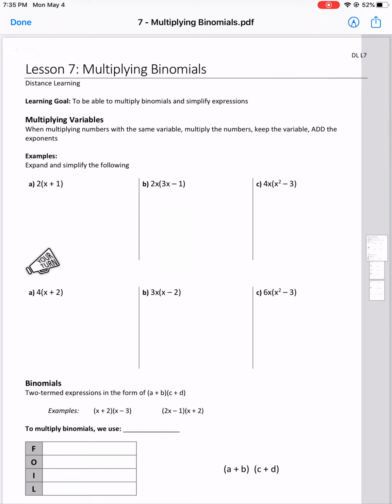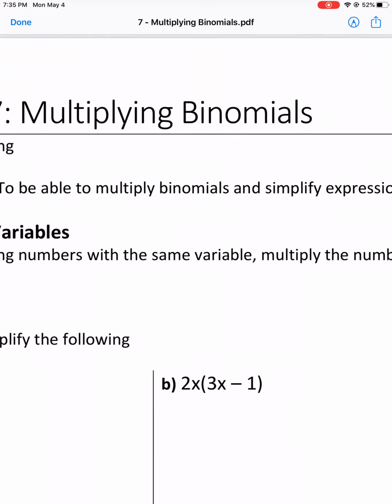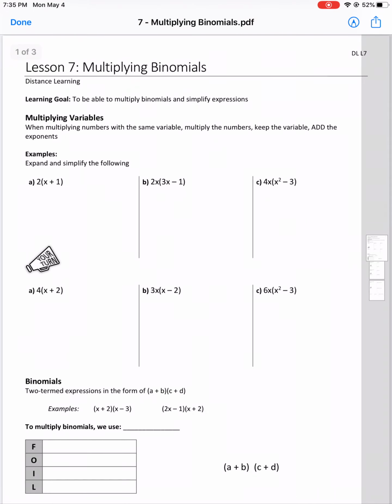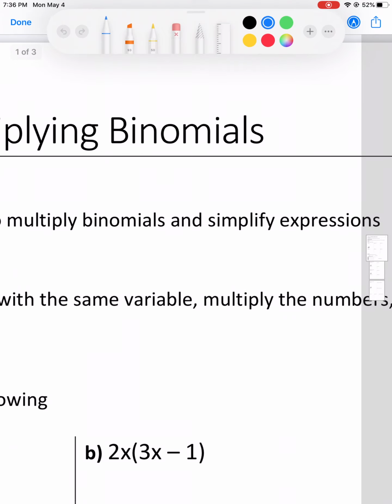Okay, so multiplying binomials. If you guys remember back from an assignment we did a while ago, I'm trying to think, was it our very first one or was it part 1 of 3? Anyways, can't remember. We had been talking about binomials, and if you forget what binomial means, it means 2 terms.